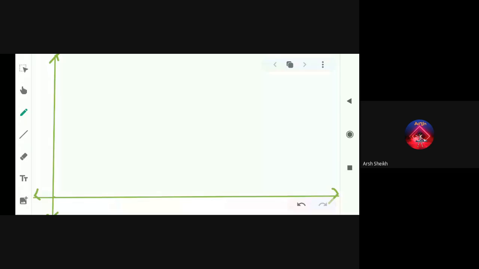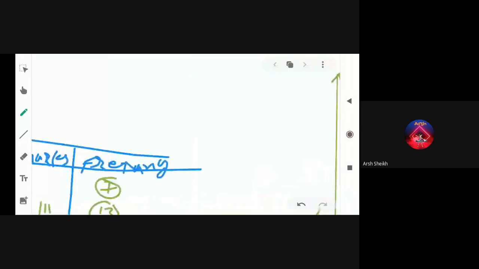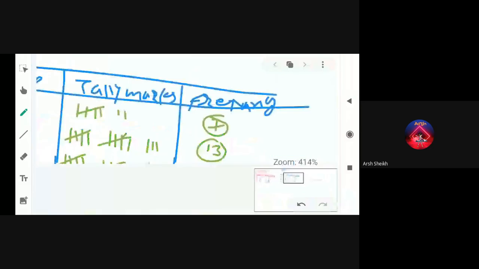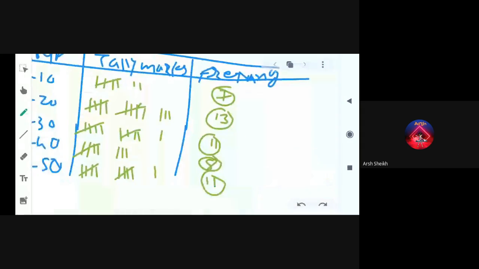Now we put origin, meaning 0, then 10, then 20, 30, 40, and 50. Please see here carefully. On the y-axis, we have to write down the frequency. For example, the frequencies in our example are 7, 13, 11, 8, 11.